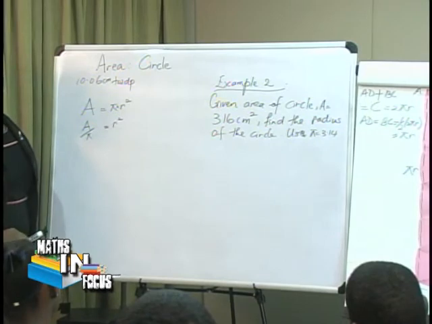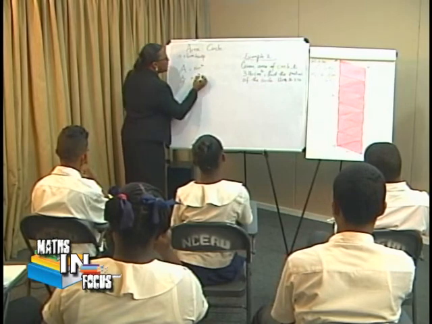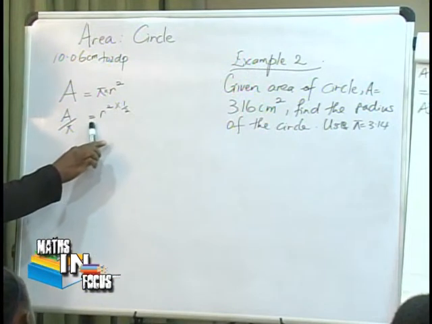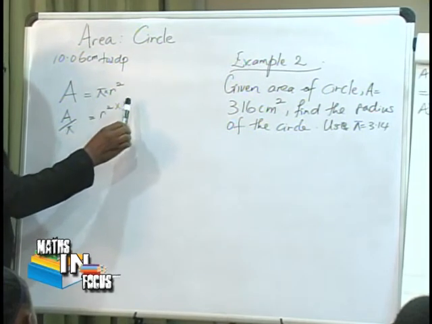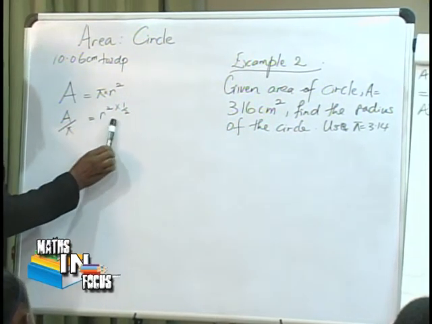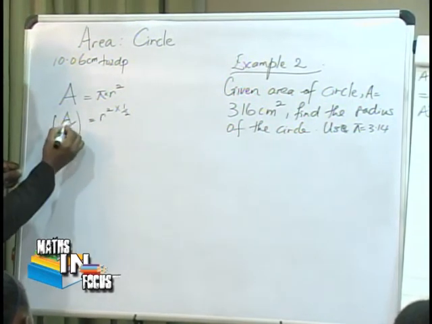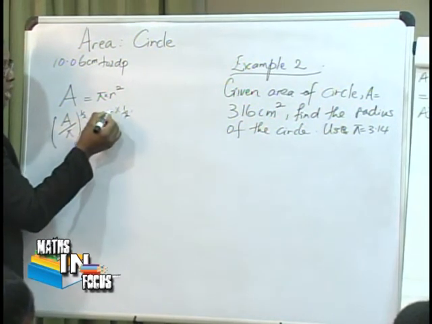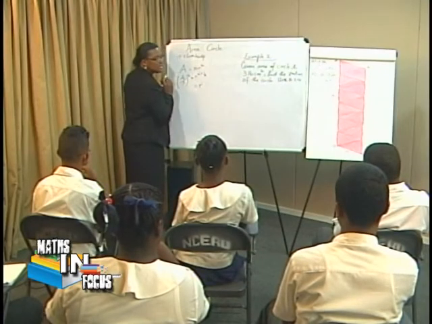Now we need to find r and not the square of r. So to get rid of this little 2 in the index there, we're going to raise to the power of a half. And if we alter one side by a half power, we have to do the same thing on the other side. So across here, we have A divided by pi, raised to the half power. And look how this goes: 2 into 2, 1; 2 into 2, 1. So now it becomes r to the first power, which is the same as r.